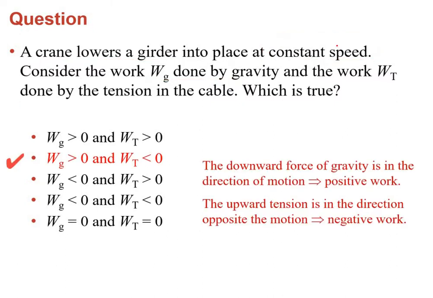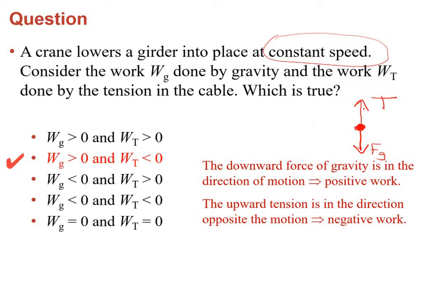Okay, so the answer is B. In this case, what's going on is that the object is being lowered. Let's say this is the object. Force of gravity is down, tension is up. From my experience, one of the issues is that if it's constant speed, then the total work done might be 0, right?